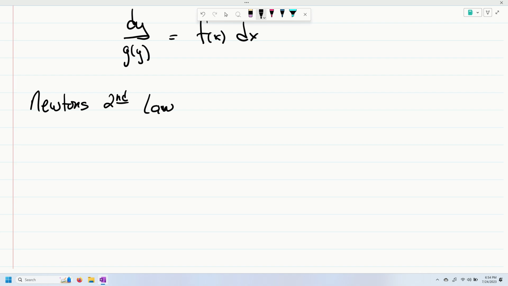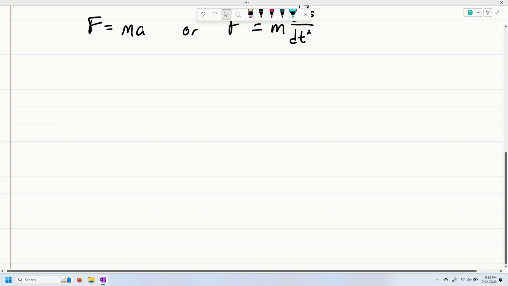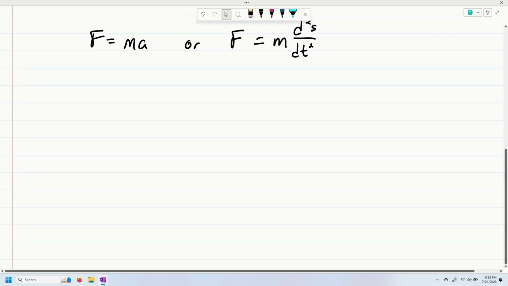A lot of people, though, look at it as F equals ma, or F equals mass times the second derivative of displacement with respect to time. But we're going to look at it the way that it's meant to be written. First things first, we're still going to have F equals ma.